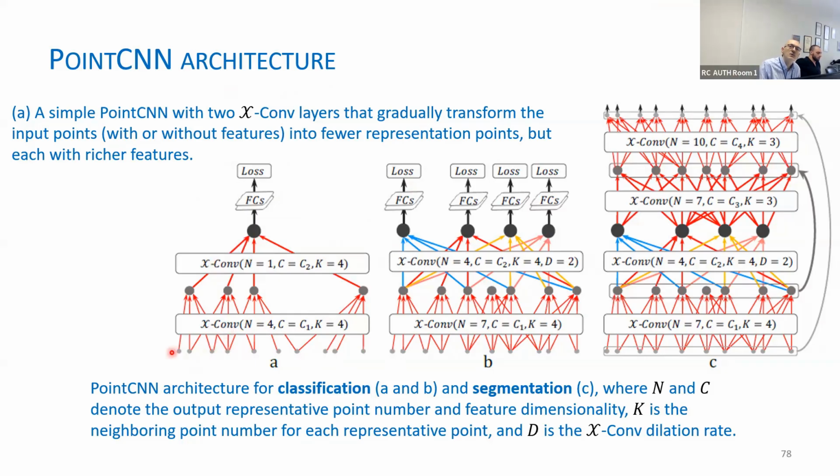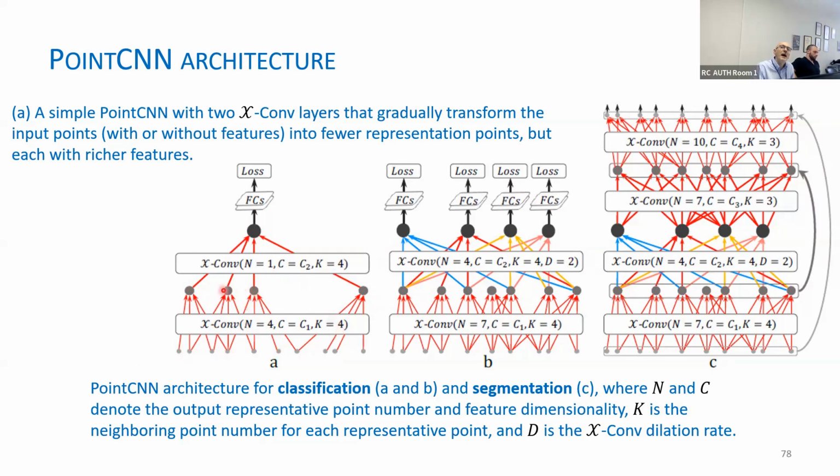So you see, we start from a set of points, and using this convolutional XConv operator, we select, in this case, 4 representative points, and we aggregate for each of these information from 4 neighboring points, because K is equal to 4.